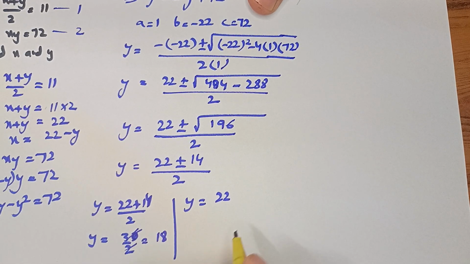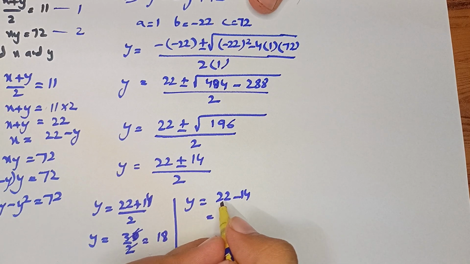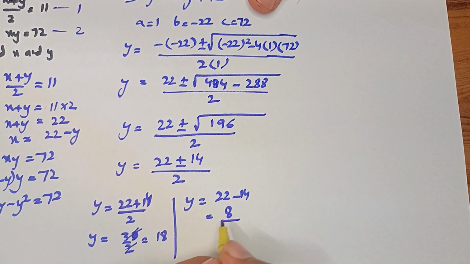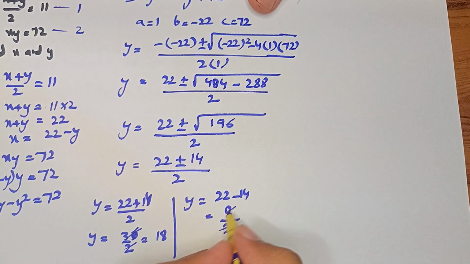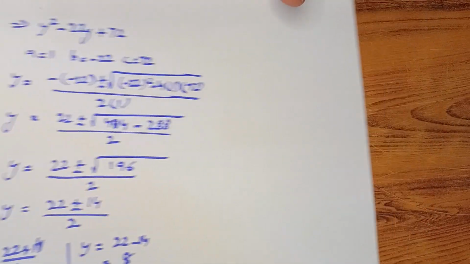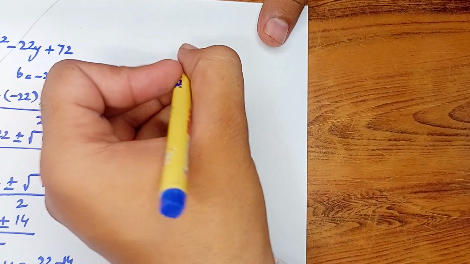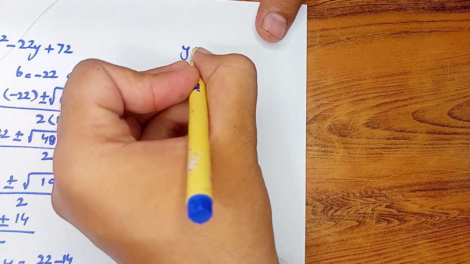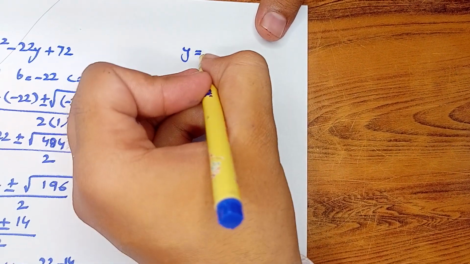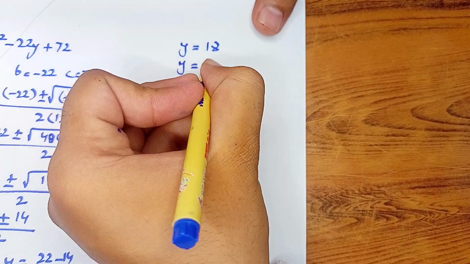In the minus case, 22 minus 14 is 8, and then divided by 2, it should be 4. So we get two values: y is 18 and the second one is 4.